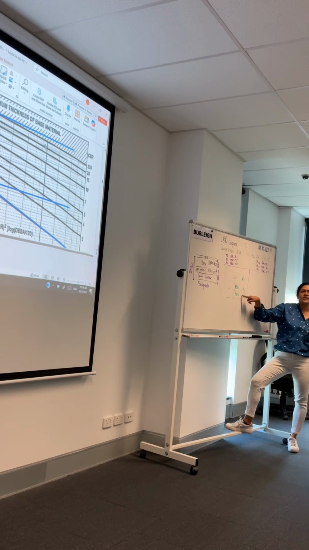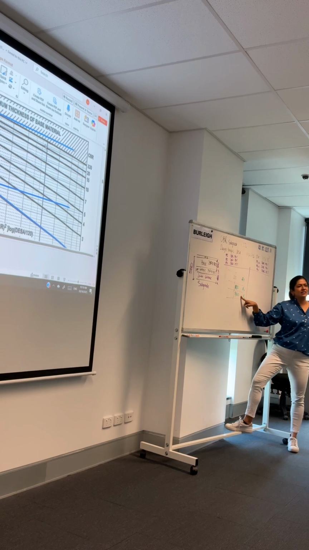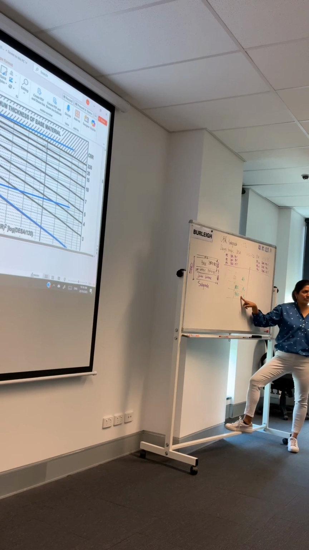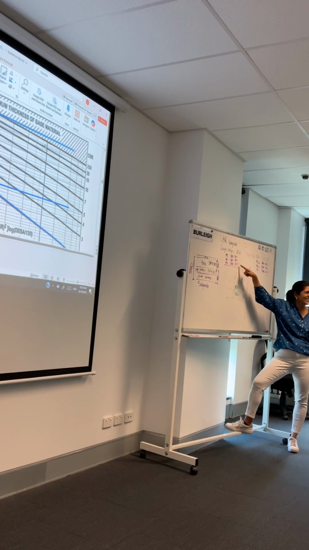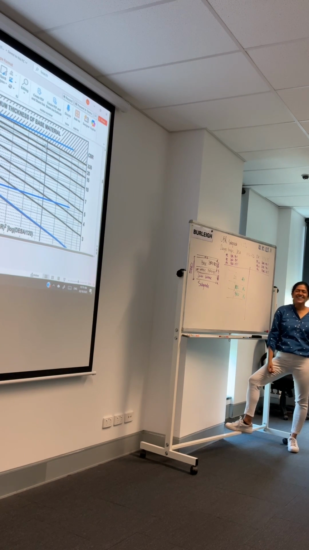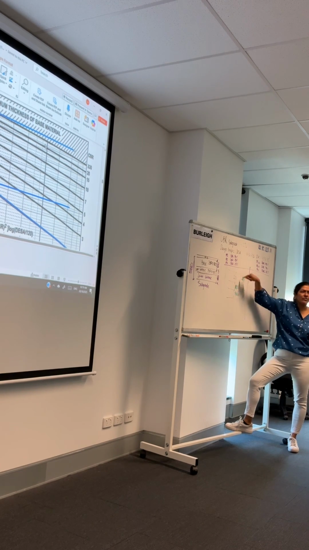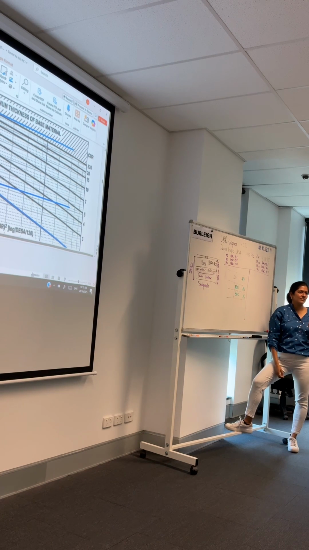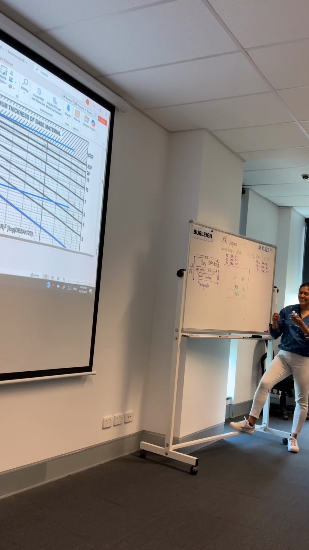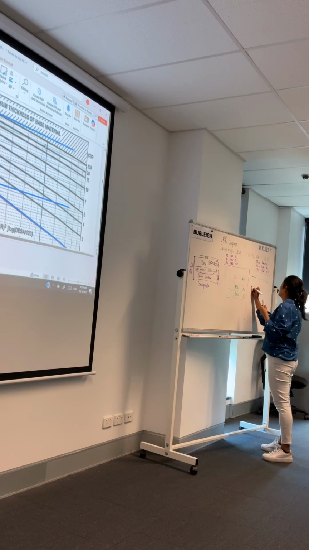How much is the CBR of this material? 15%. And the rule says the CBR at 250 has to be bigger than 13% to avoid deformation. Is this one bigger than 13%? Yes. So if I make this pavement composition like this, it is going to work. Yes or yes?